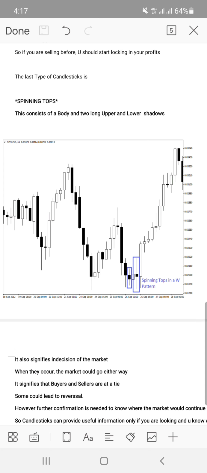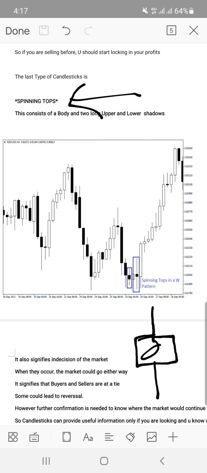The next pattern we are going to consider is spinning tops. Spinning tops have a long upper wick, a long lower wick, and a body. Most of the time, the size of the upper wick and the lower wick are almost always the same.